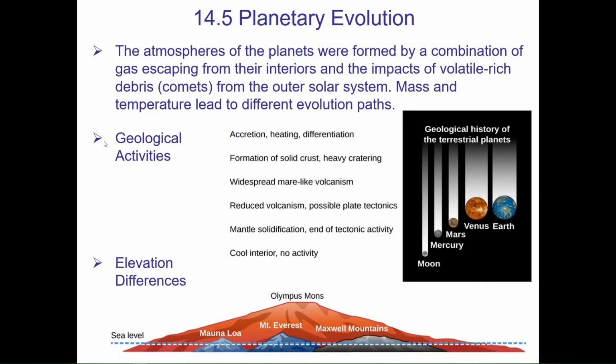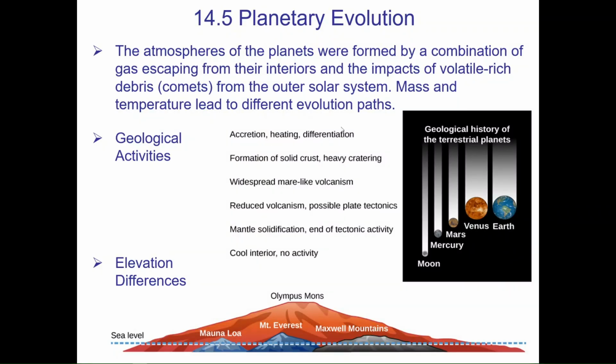In terms of geological activities, remember we talked about how geological activity is closely related to whether a planet has a molten interior. We believe that during the bombardment period and the initial formation of the planet, gravity was able to heat the interior through accretion material falling into the planet.